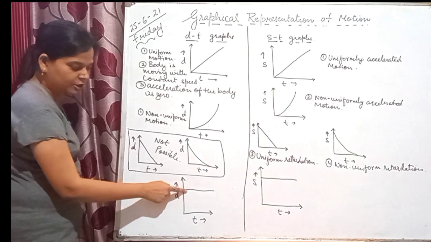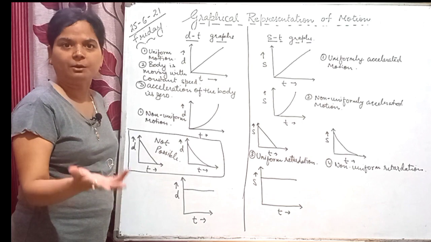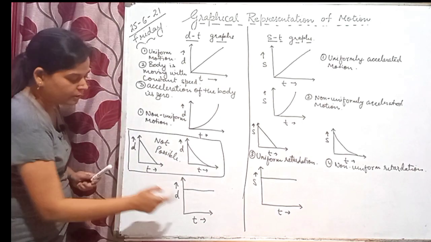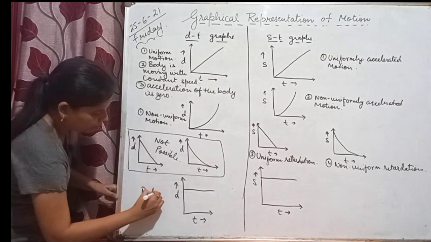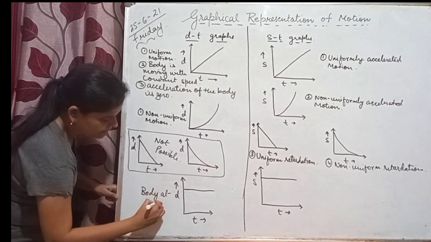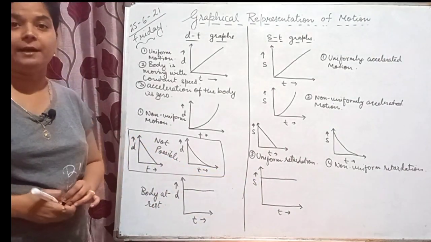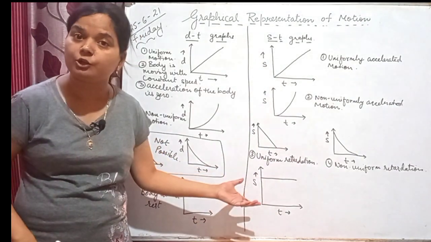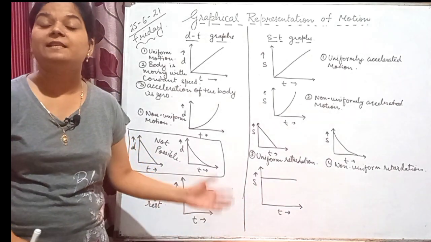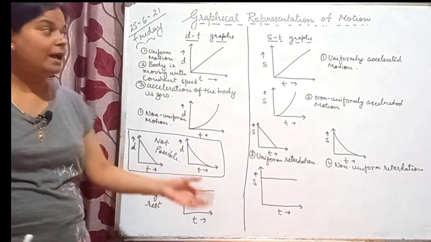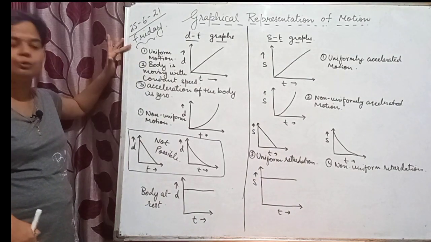So this is saying that the distance is not changing with time. In case distance is not changing, it means the body is at rest. So this graph is representing body at rest, whereas this graph is not representing body at rest. This graph is saying that the speed is not changing. So in case the speed is not changing, it means the acceleration is zero, right? And we have seen that if the speed is not changing, then the motion is said to be uniform motion.